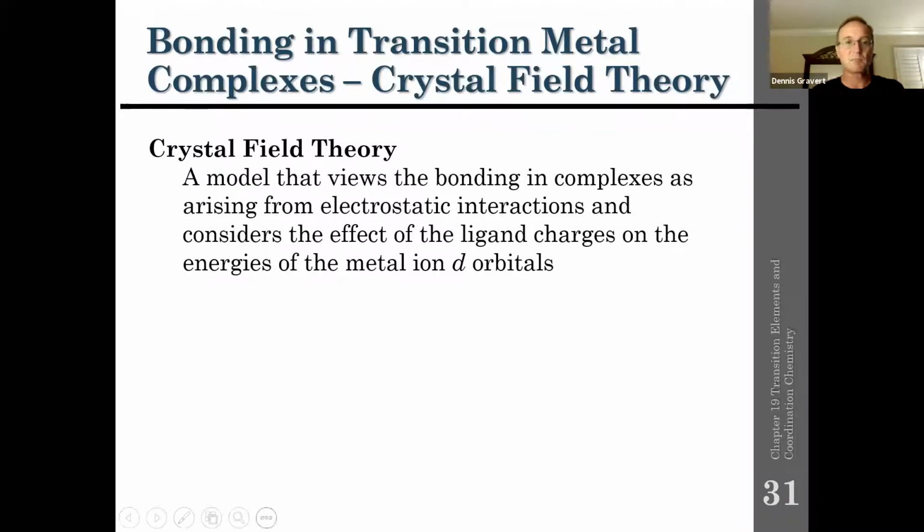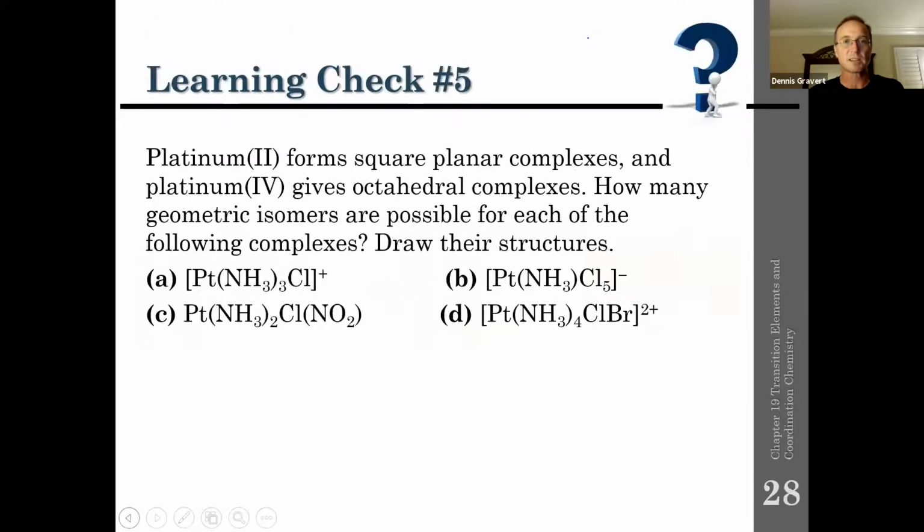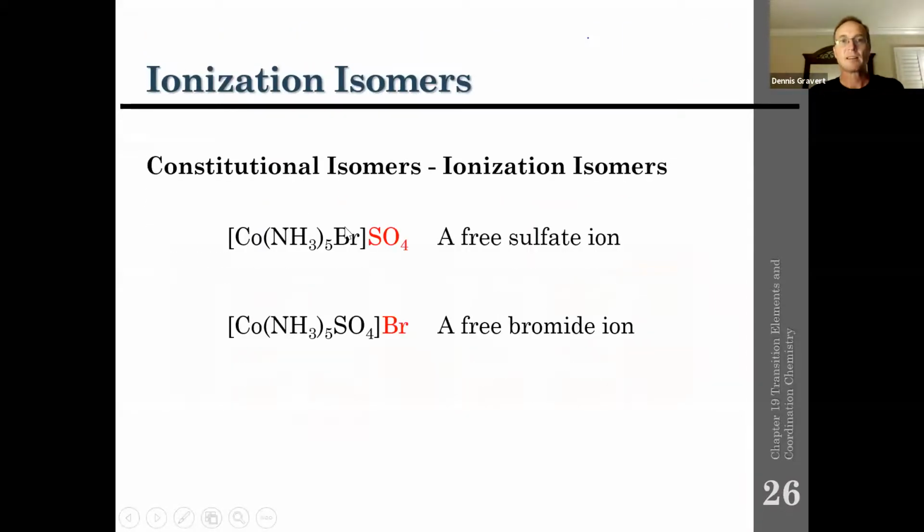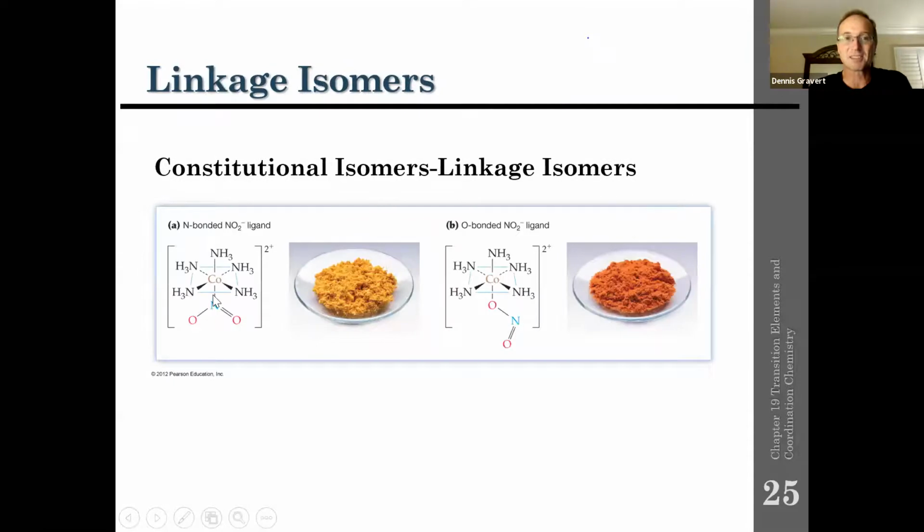So which one was bound and which one wasn't? Real quickly, who's covalently bound? The bromide here, and then sulfate was there. Those are different molecules, ionization isomers. And then we had the linkage isomers, connect through nitrogen or connect through oxygen. And all isomers have the same chemical formula.